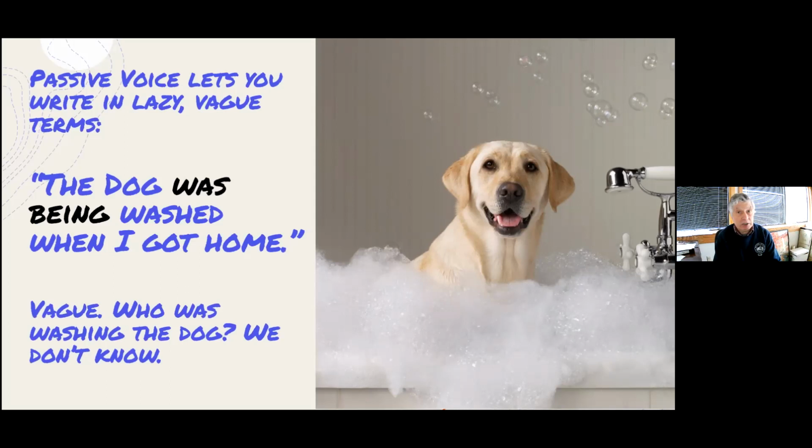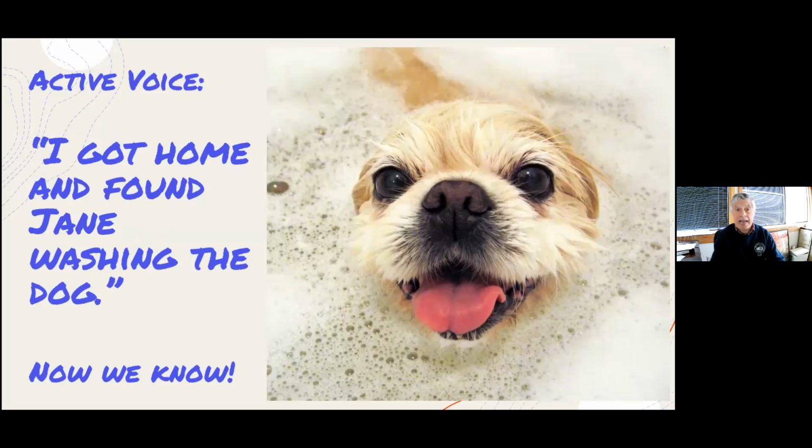That's not good in history or science. We want to know who they were. Now, that may take you a little more time to do the research. So you're going to have to do a little more work, a little more digging maybe, or just be more clear, more concise. Turn it to active. I got home and found Jane washing the dog. Now the reader knows.